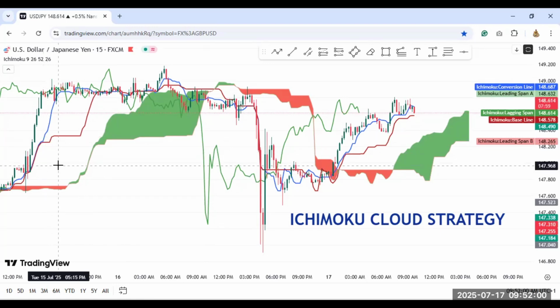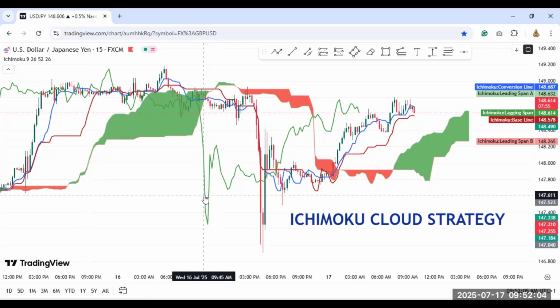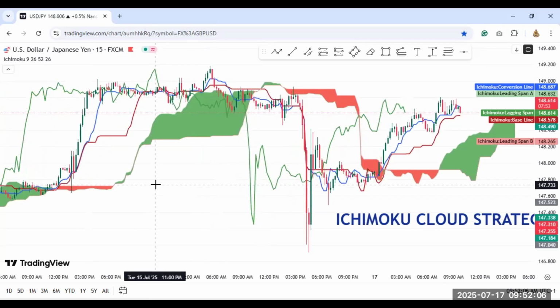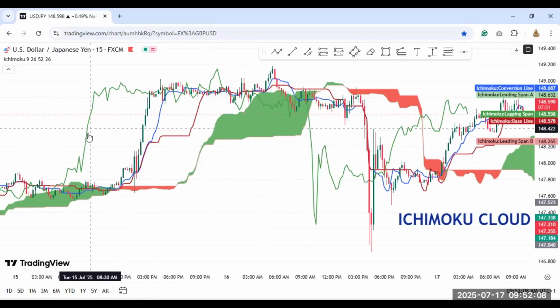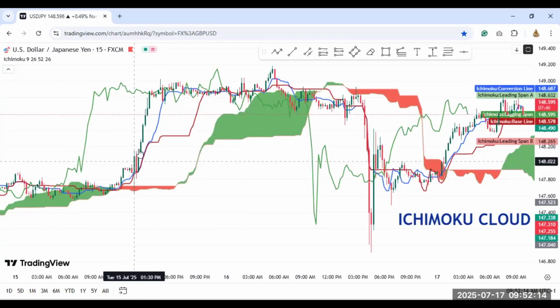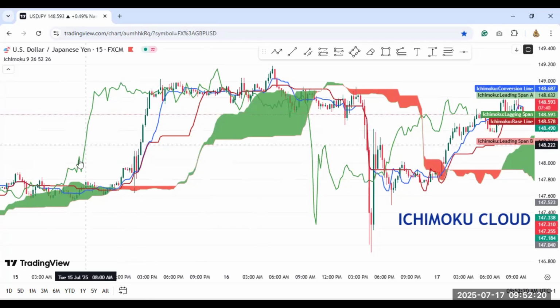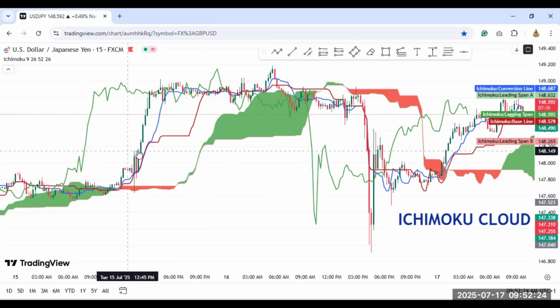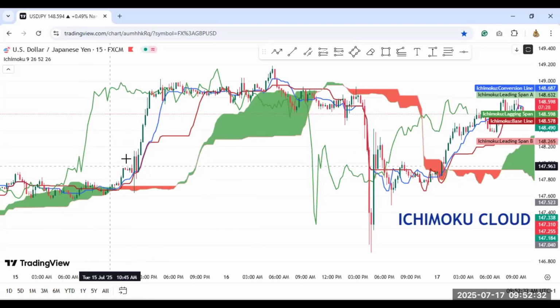The second thing is that if you are buying, you must make sure that your lagging indicator is also above the price. So this is our candle. We can see the candles are here. You must make sure that this lagging indicator in green is above the price, and also above the cloud.